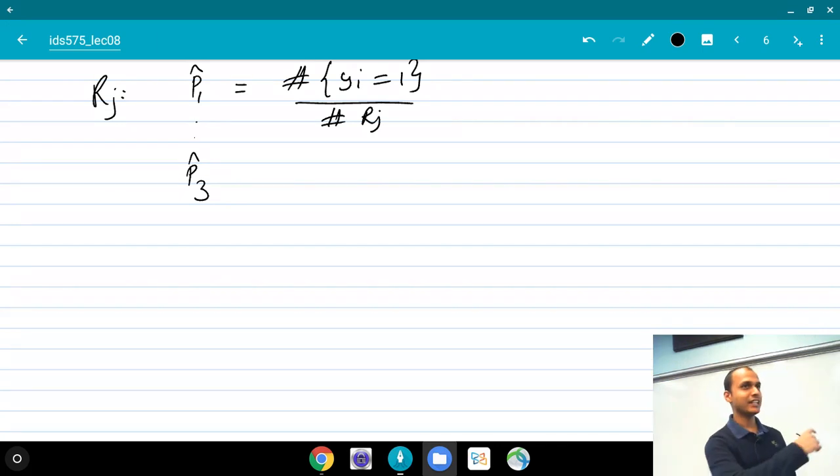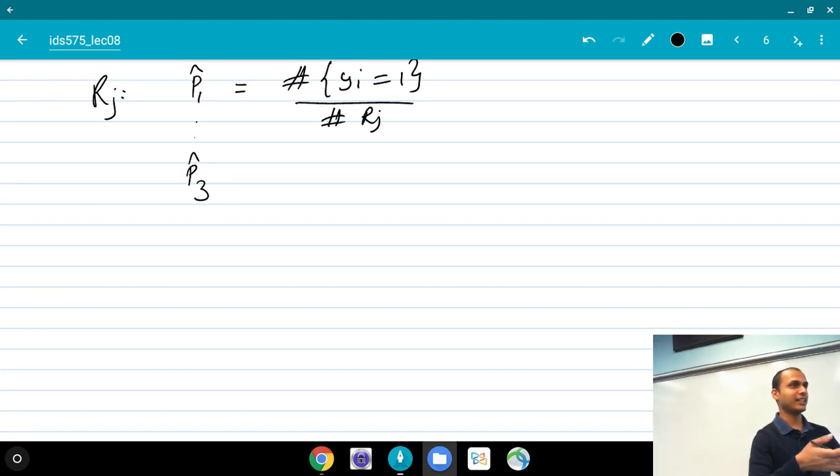This is a very informal way to say: count the number of points in class 1 out of all the points that belong to that region, and roughly that ratio is your estimate for the class conditional probability. What is the probability of being in that class if you are in that region?